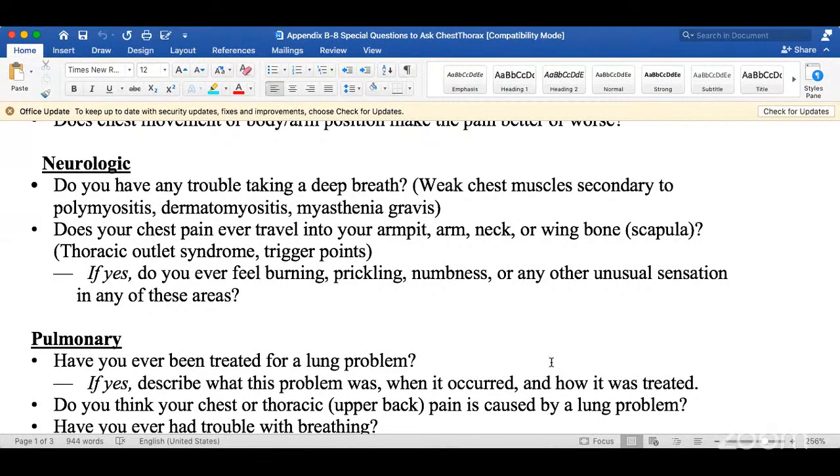It can be organic pathology related. Does your chest pain ever travel into your armpit, arm, neck, or wing bone or scapula? So you start to think of thoracic outlet syndrome. So these are things that are organic pathologies, but related to neurology, but that are situated around the chest area.